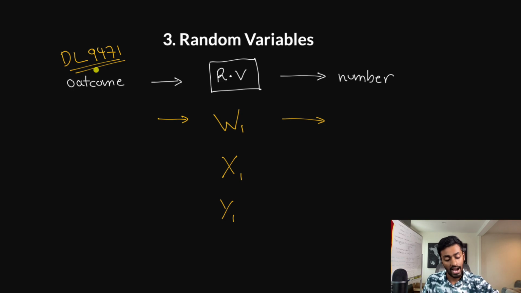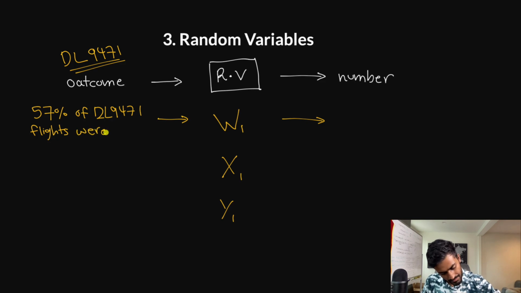So that's the outcome that we saw. And because this is the outcome of some real-world experiment, we can now map this to a number with the random variable.